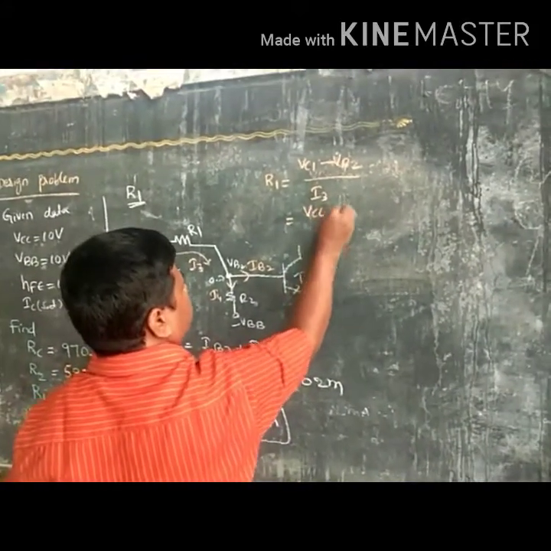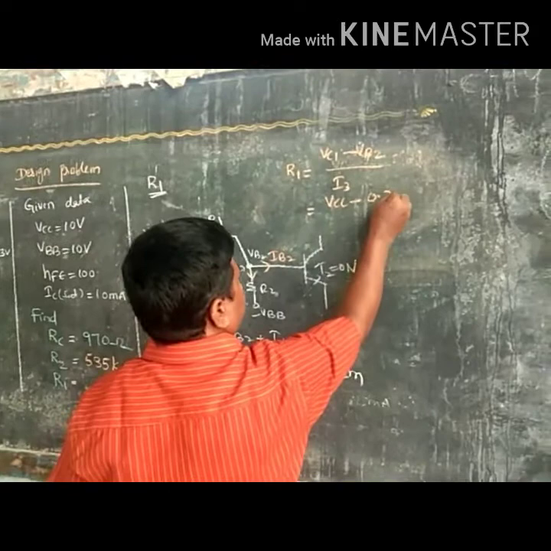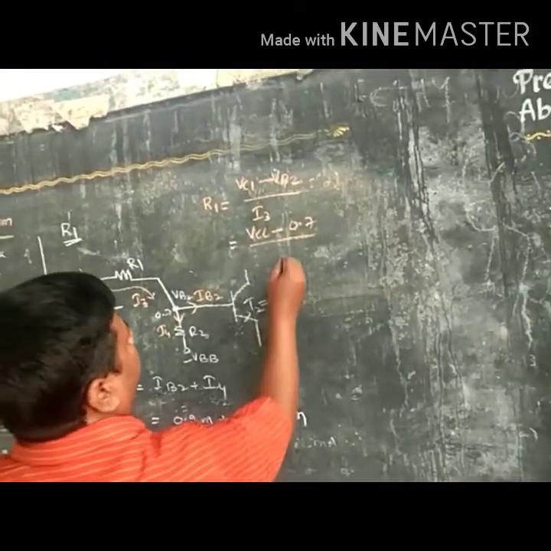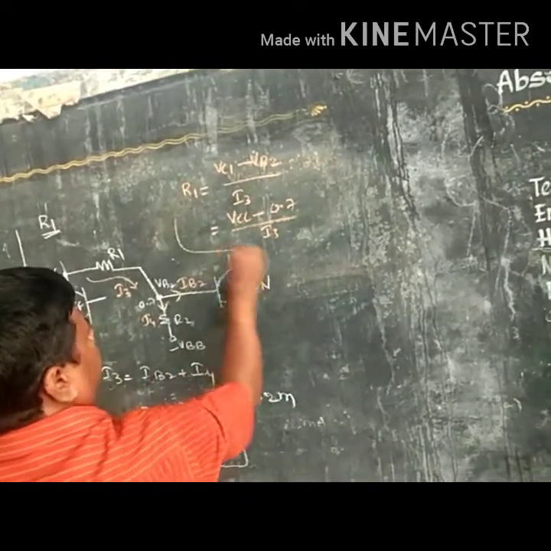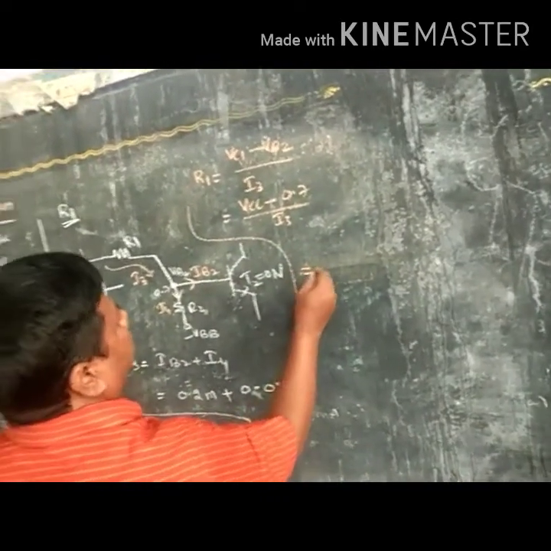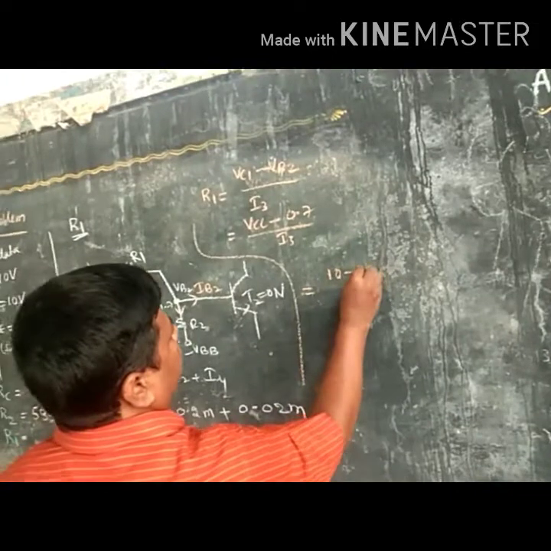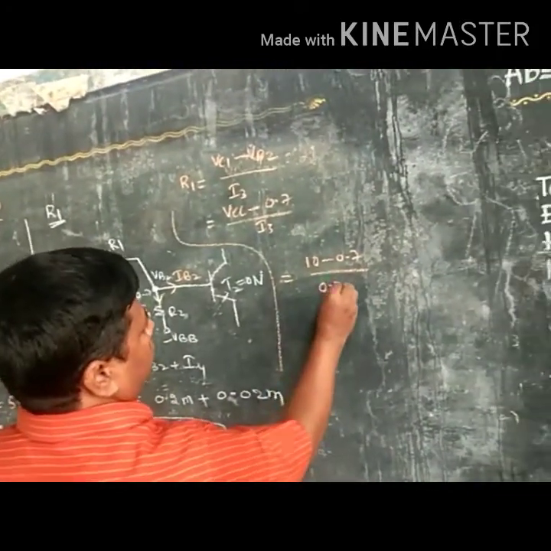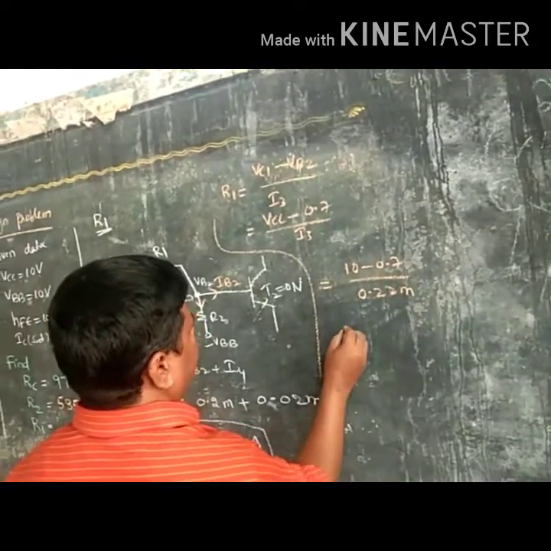VC1 is equal to VCC, so that is 10 minus 0.7 by 0.22 milli.